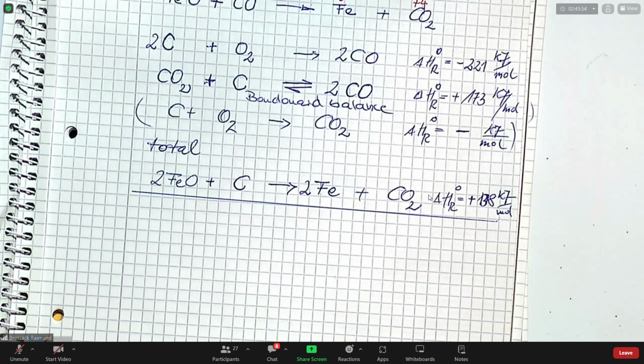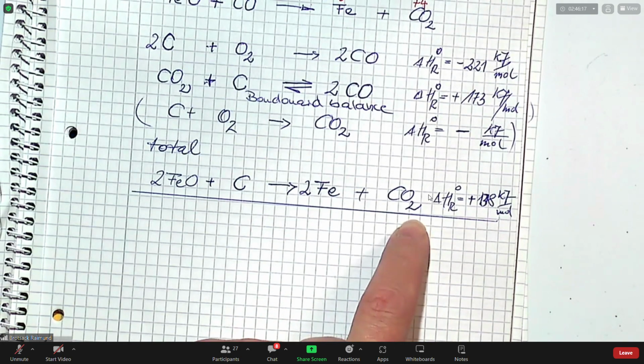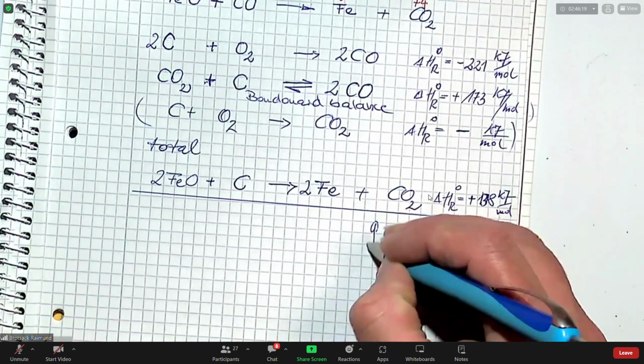That's why they placed the steel industry there, because they needed huge amounts of coal to produce iron and steel. But what's the problem? The problem is here, the CO2, that is a greenhouse gas.